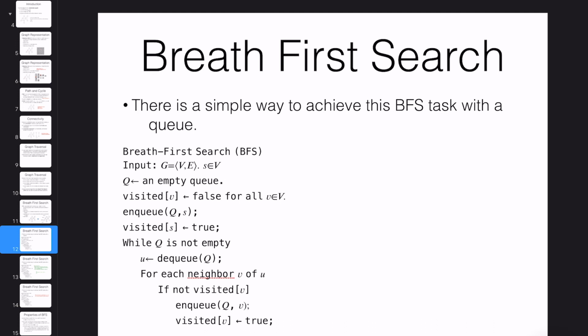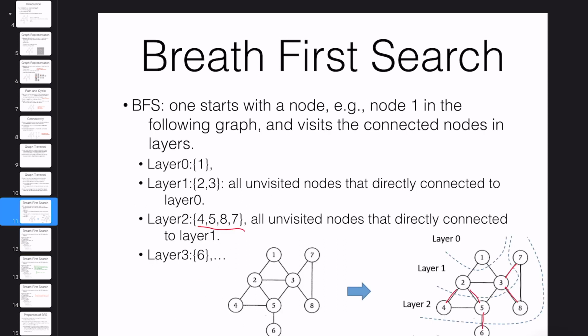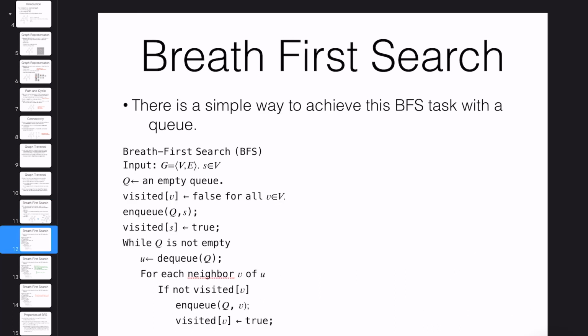Let's call it S. I need a queue because the queue helps me take care of all the nodes in each level and make sure that you visit the nodes in the order that you enqueued them into the queue.